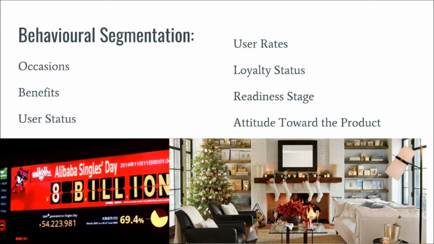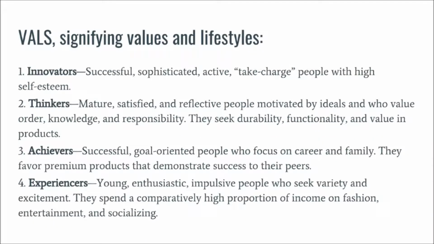And then there is the VALS framework, which is known as the Values and Lifestyle Framework. In this one, you have a number of factors. For example, you can be an innovator. If you're an innovator, then you might be one of those folks who are early adopters.